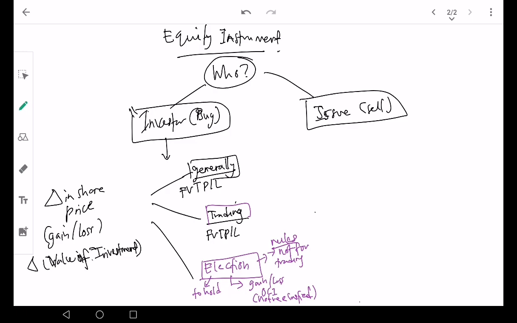So to overcome that, once the company has made an election, it is irrevocable. You cannot revoke it. It means you have to enter OCI regardless of gain or loss.